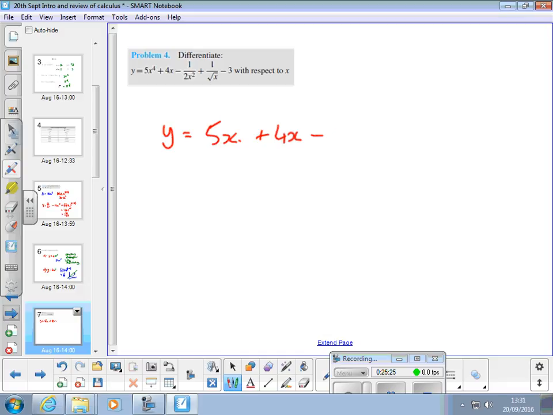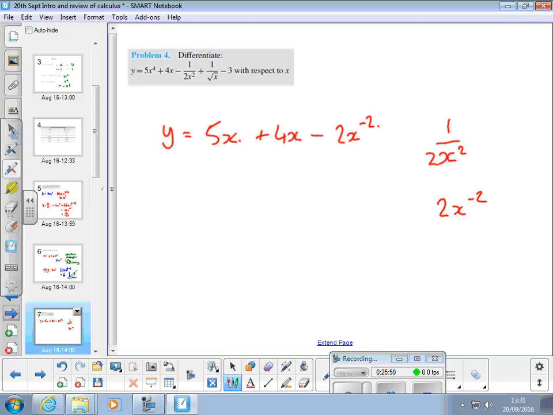You think that's 2x to the minus 2? Right, take that function to one side, 1 over 2x squared, or 2x to the minus 2.